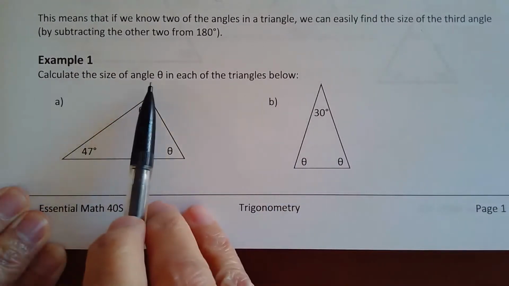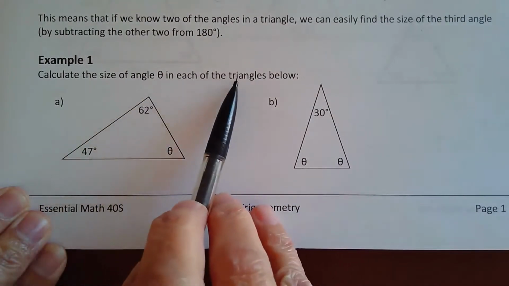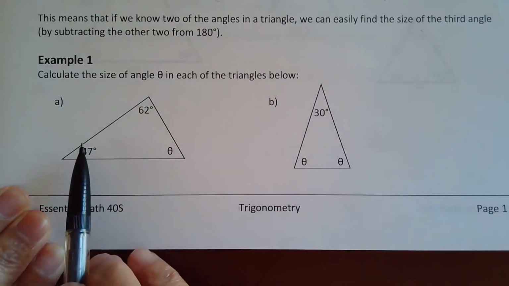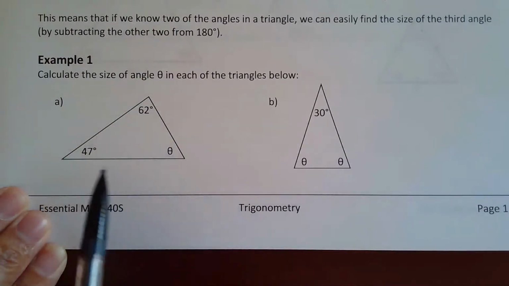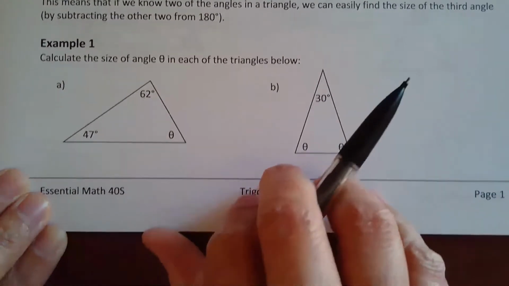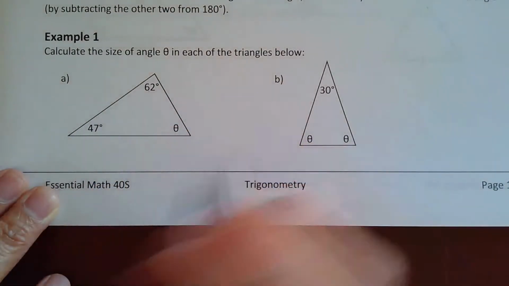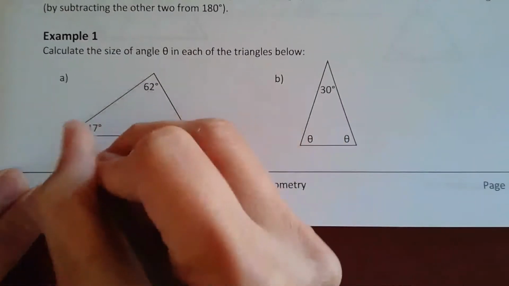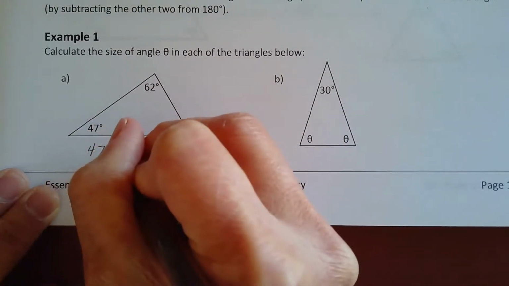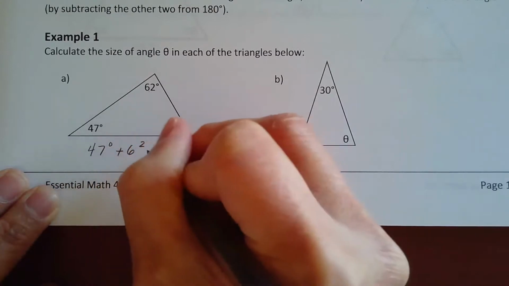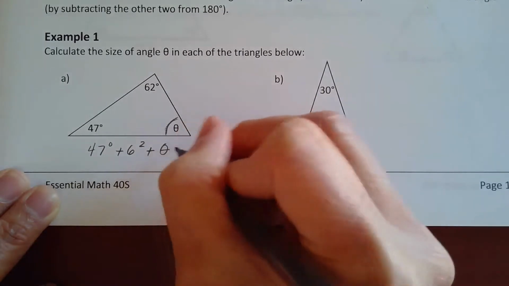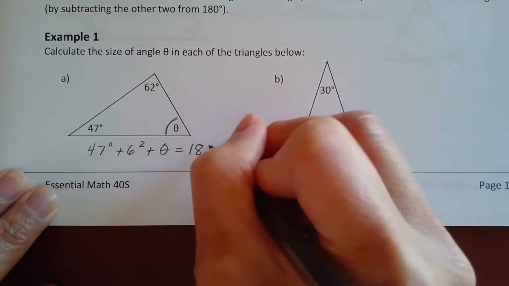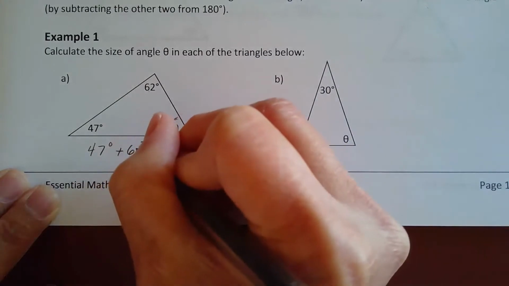Calculate the size of the angle in each of the triangles below. Now, when we have this triangle, we know that if I add these up, it all has to add up to 180 degrees. The 180 rule says that if I add 47 degrees plus 62 degrees plus whatever this angle is, I'm going to call it theta, it has to add up to 180 degrees.